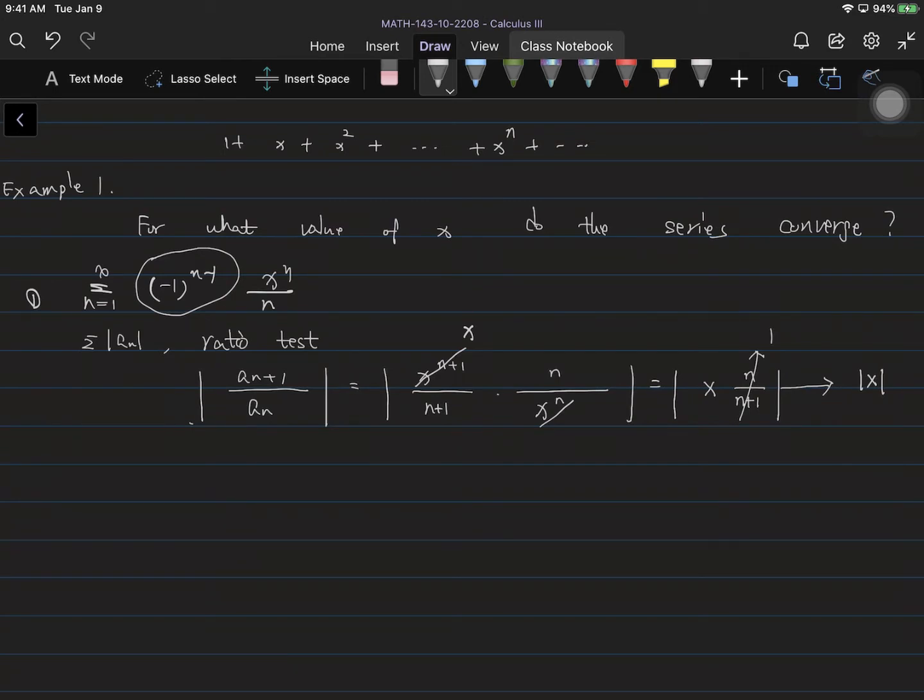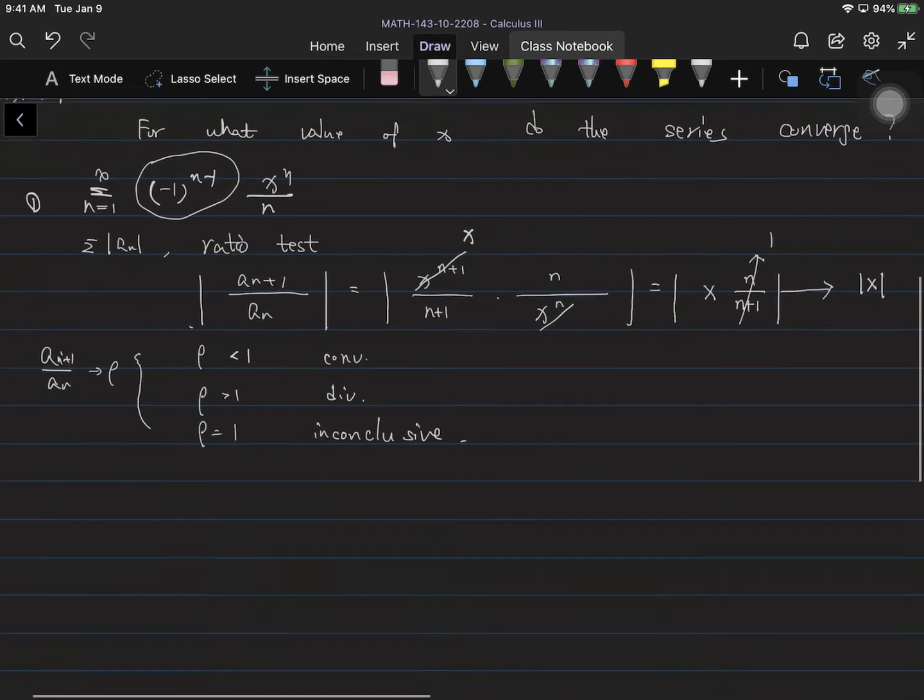Let's review the ratio test. When the limit of |a_(n+1)/a_n| goes to rho, if rho is less than 1, the series converges. If rho is greater than 1, it diverges. If rho equals 1, the test is inconclusive.